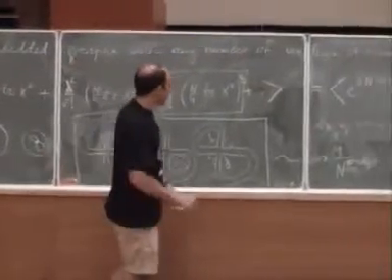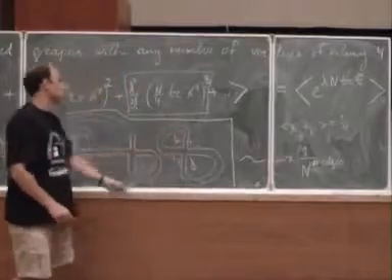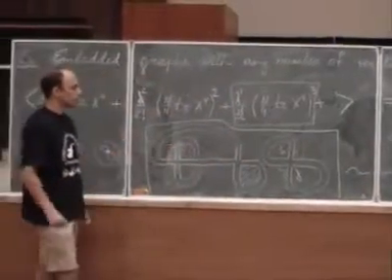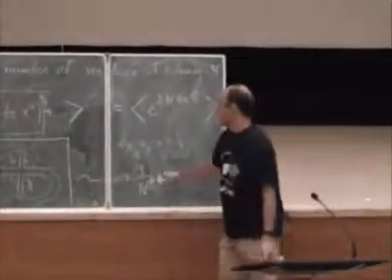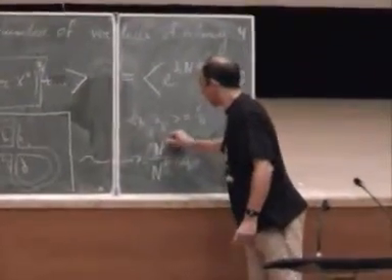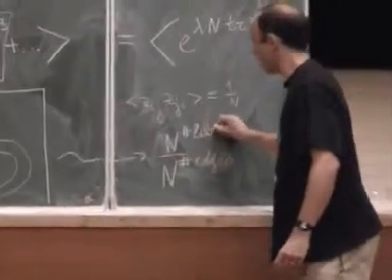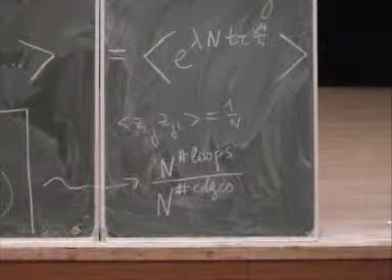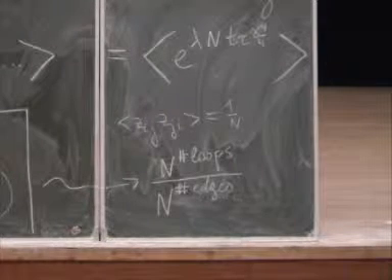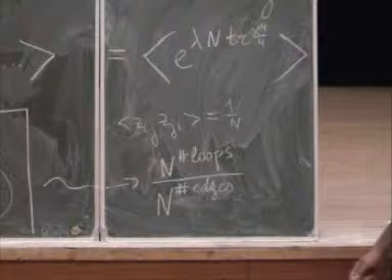And then I compute the contribution of this graph. If I choose an index assigned to each loop, then the contribution is n to the power number of loops. Because when I have the graph, I have to choose an index assigned to every loop.